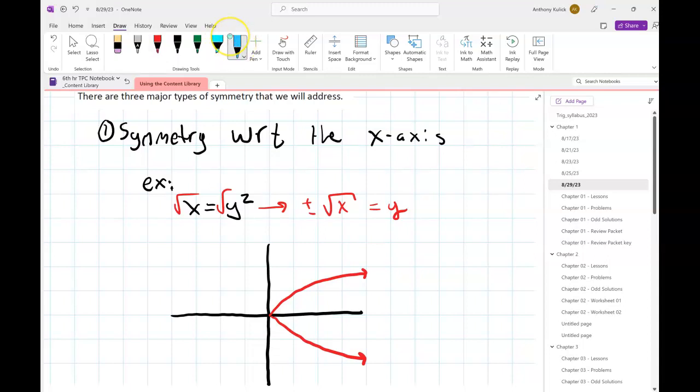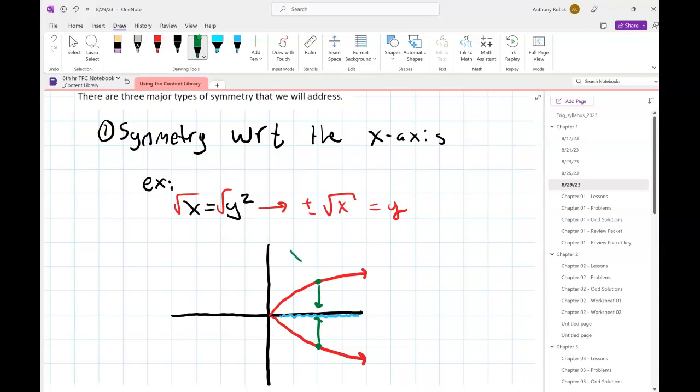Notice if you treat the x-axis as a mirror, and you take a point here and fold it over the x-axis, it's going to land on the other part of the curve, right? So the x-axis kind of divides it in half. Everybody kind of see that?